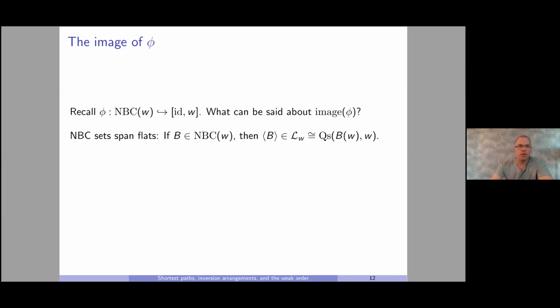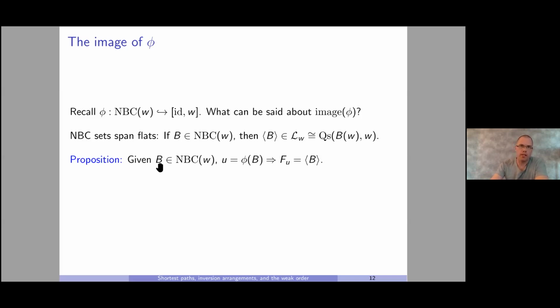Well, here are some technical statements. You can read them and digest them if you want to, but let me just tell you what they really say. And there's a picture on the next slide that will make it clearer. So if we have an MBC set, let's call it B, then it generates a flat in the intersection lattice.